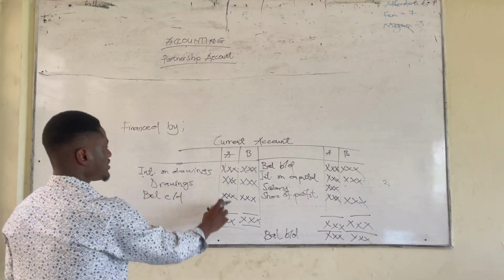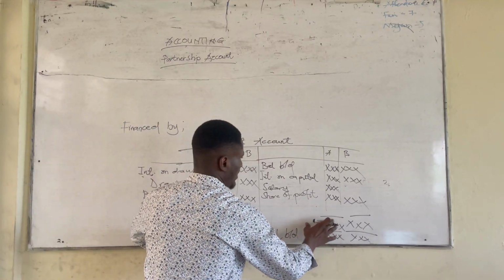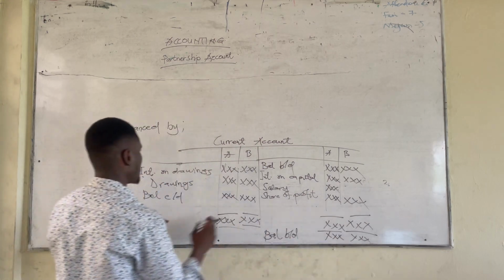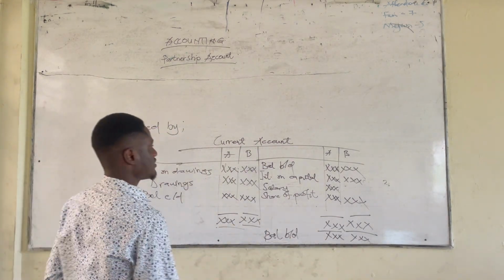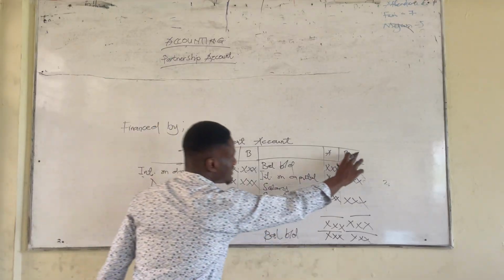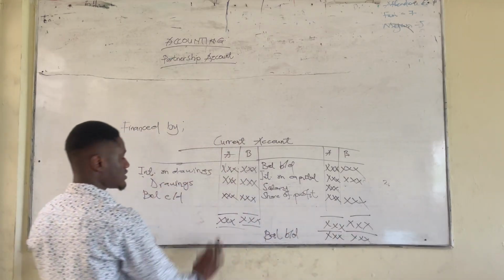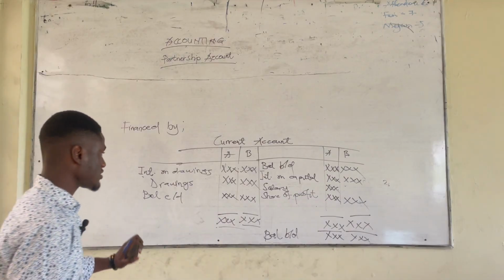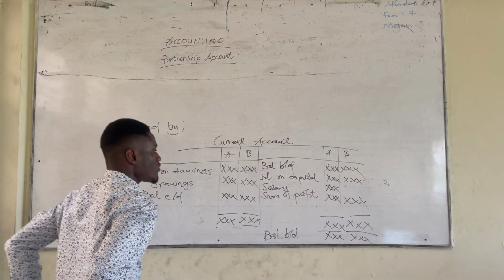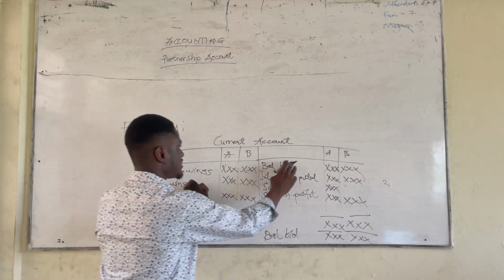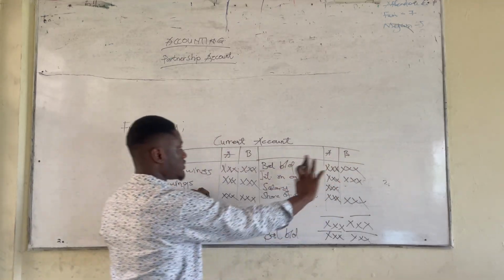It's not always going to be the case that because partner A's amount here is greater than partner A's amount at the debit side, partner B's amount should also be greater than partner B's amount at the debit side. Good. So what we are going to do is we just check each as a separate account.